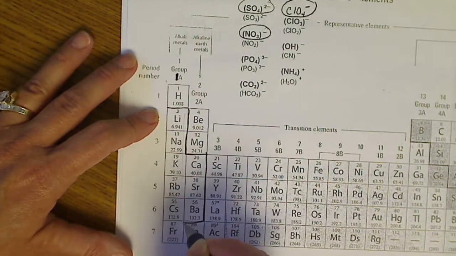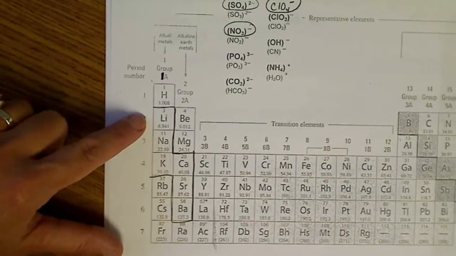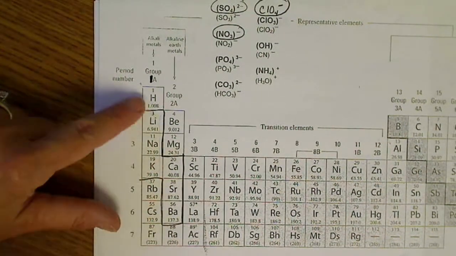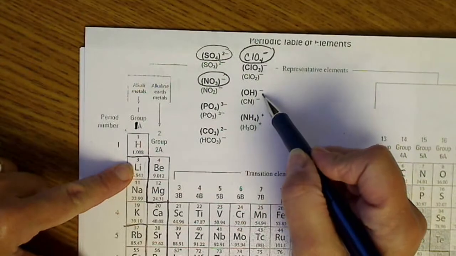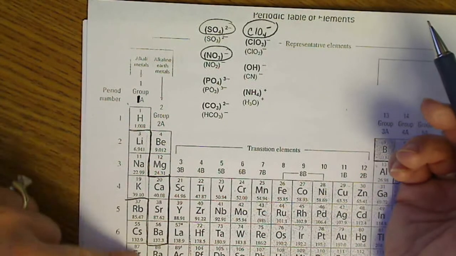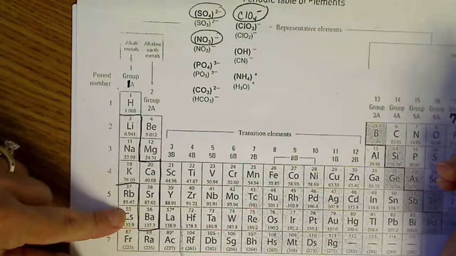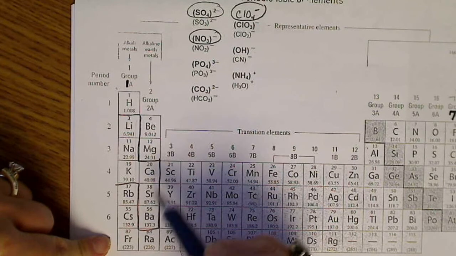I don't really think we make bases with rubidium and cesium. I suppose we could. But lithium, remember, column 1 metals are always soluble. So even with hydroxide, which is a polyatomic ion, if hydroxide is with a column 1 metal, that's always going to be soluble. And then the heavier column 2 metals.